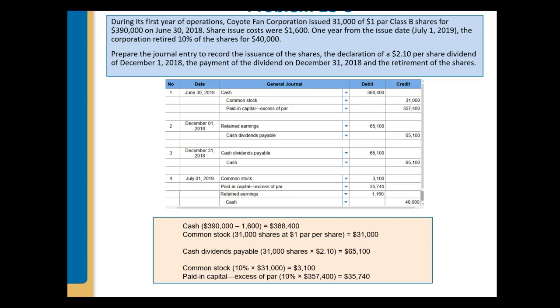We are going to debit our paid-in capital in excess of par for the 10% of the $357,000. We will, of course, credit our cash for the $40,000, and the difference will be debited to retained earnings.